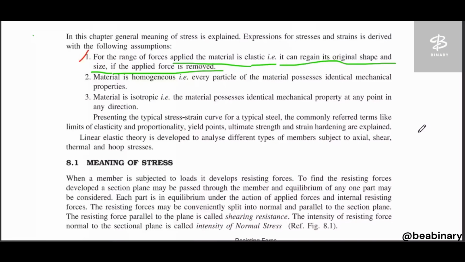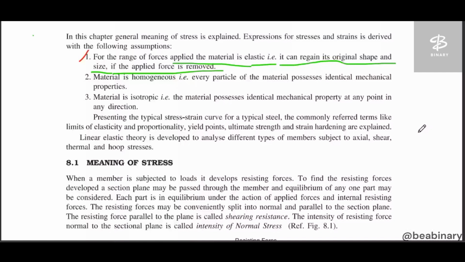So second point, the material is homogeneous. It is a very, very important condition. Material is homogeneous, that is, every particle of the material possesses identical mechanical properties. What are mechanical properties? I will discuss here.